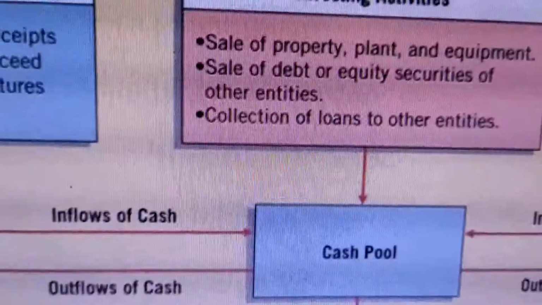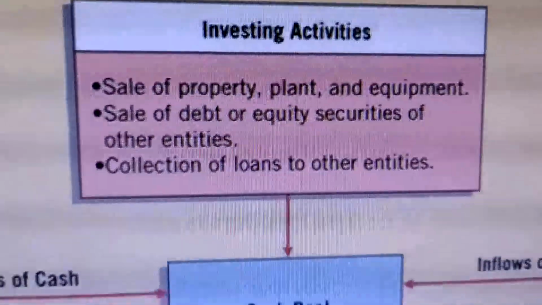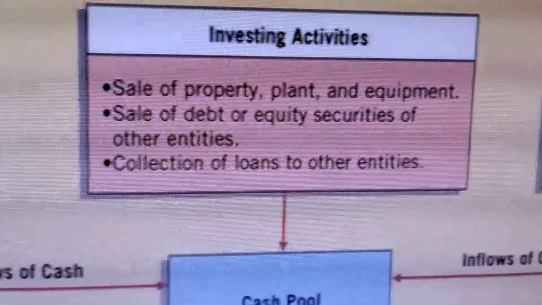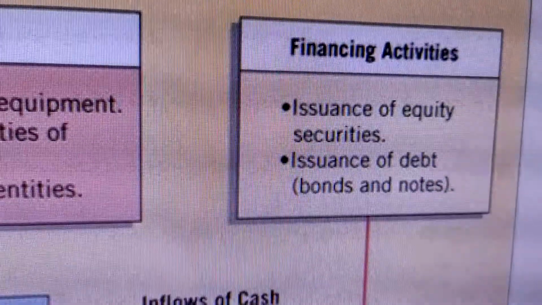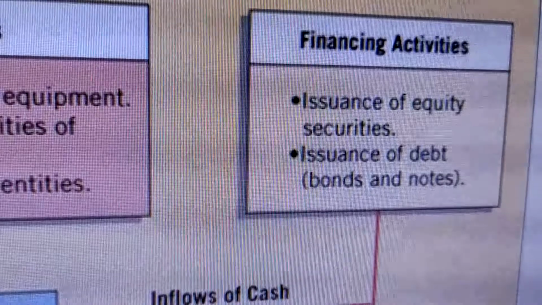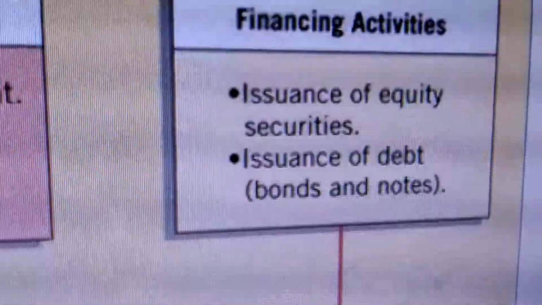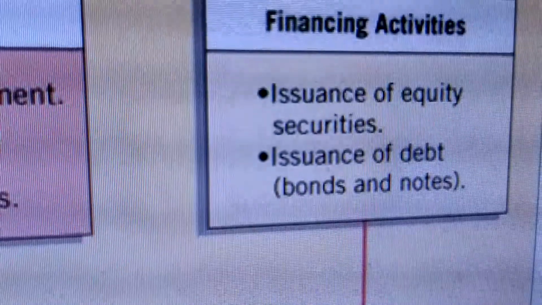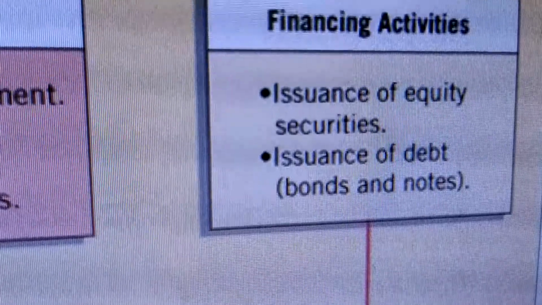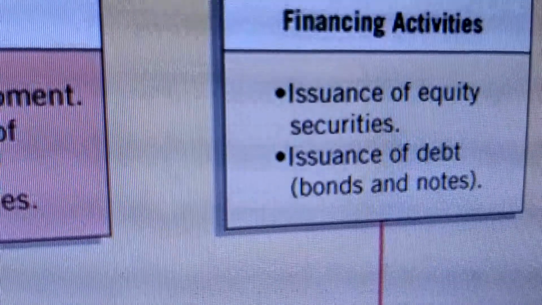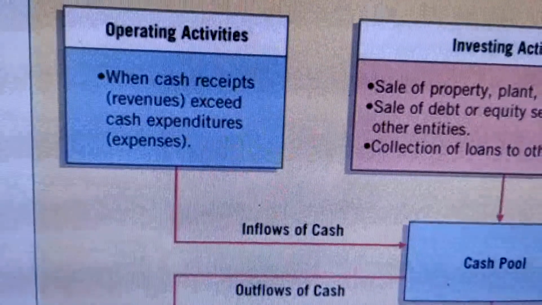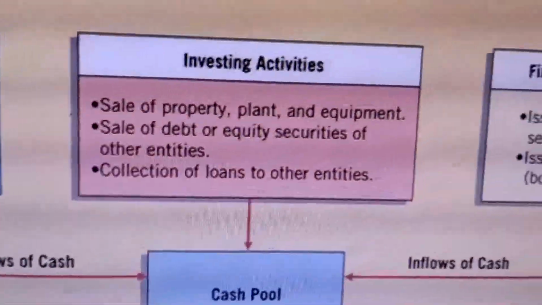Then financing activity: issuance of equity securities and issue of debt. By issuing share capital, your company raises finance. Issue of debt means bonds, debentures, commercial papers and promissory notes. So these three activities provide inflow of cash into your business.